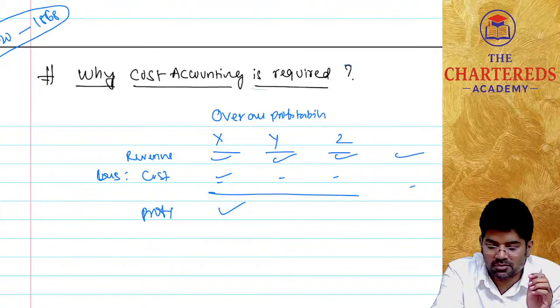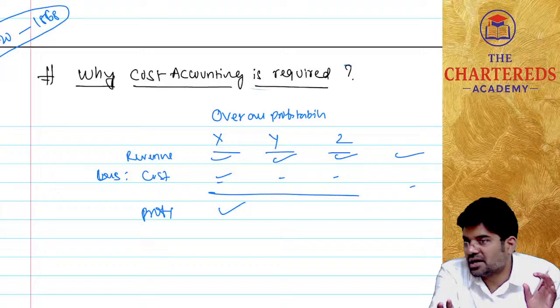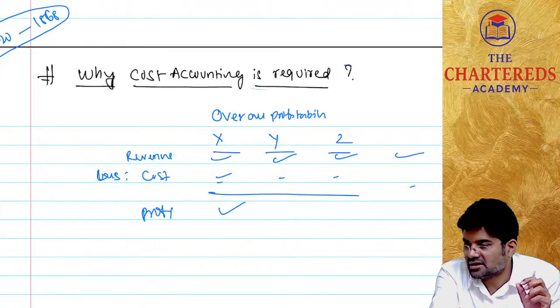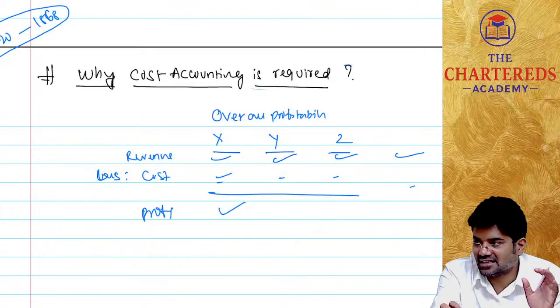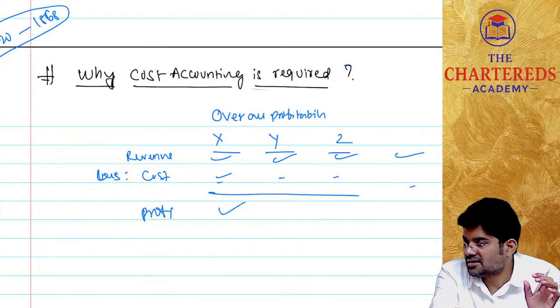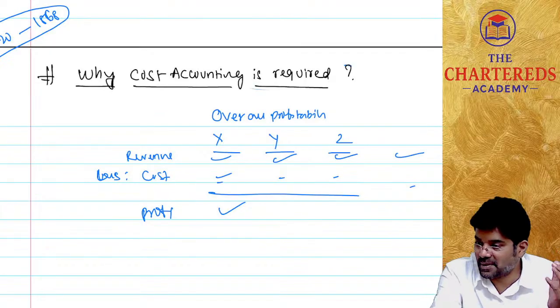That is where people felt that separate costing is also required to have a look at how much you are incurring. Is it in control or not? Are we incurring excess expenditure?